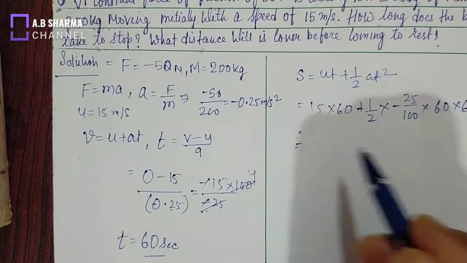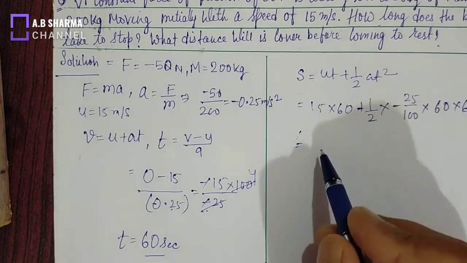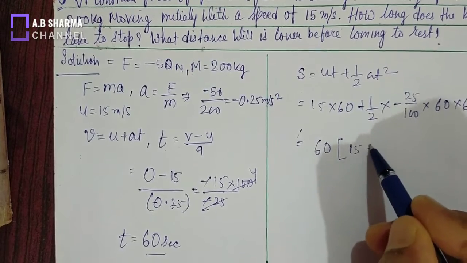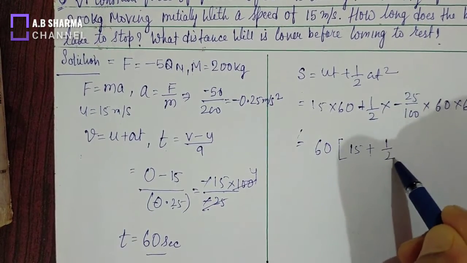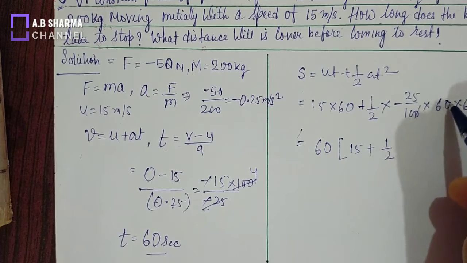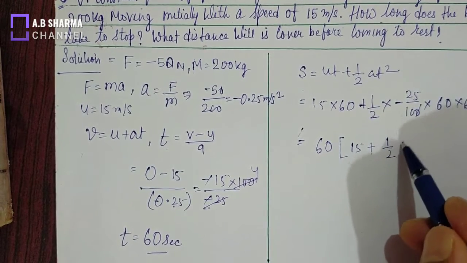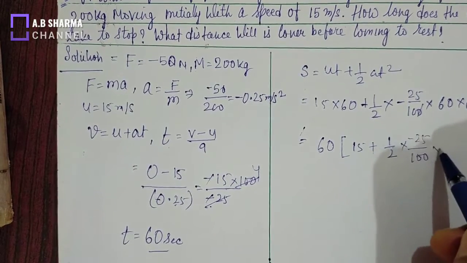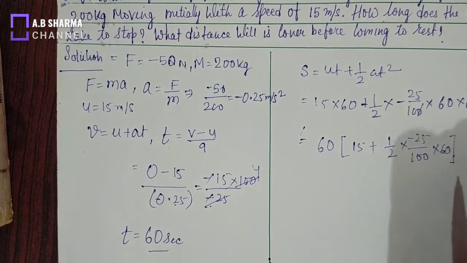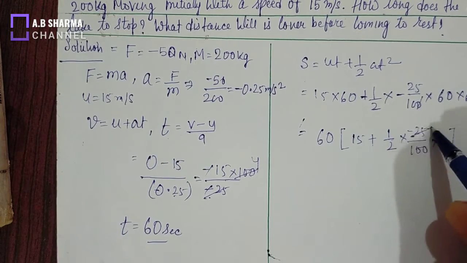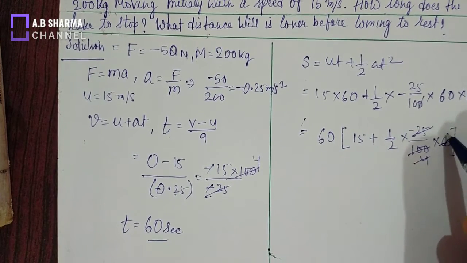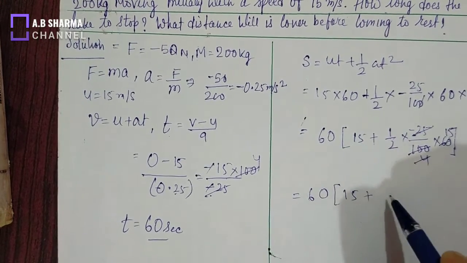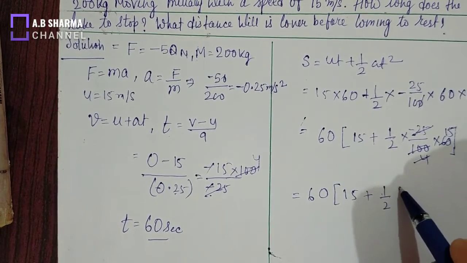Now solve this equation. If we take 60 common, then we get 15 plus 1 by 2 into minus 25 by 100 into 60.